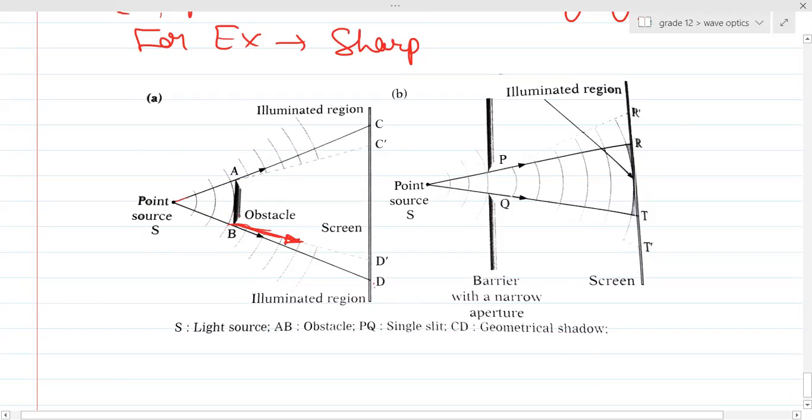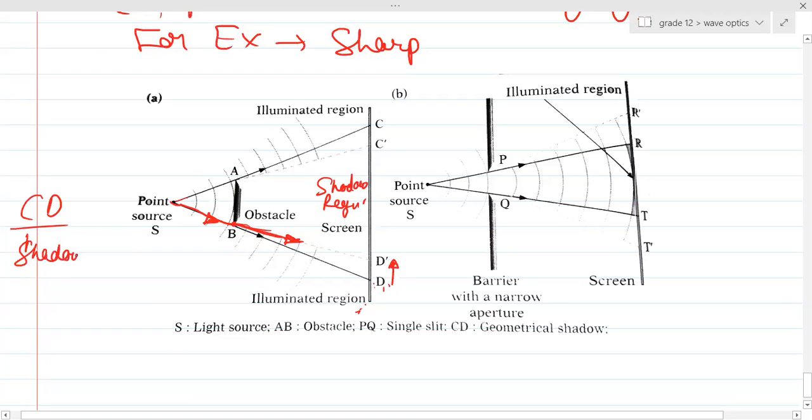Can you see the light came into the shadow region? The light from here to here it came. Because of this particular sharp edge, it bent into the shadow region and moved towards D dash. Can you see it moved from the illuminated region to the shadow region? Yes or no? Here there will be the shadow region from C to D.